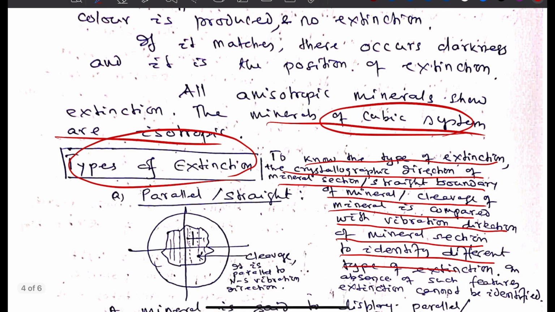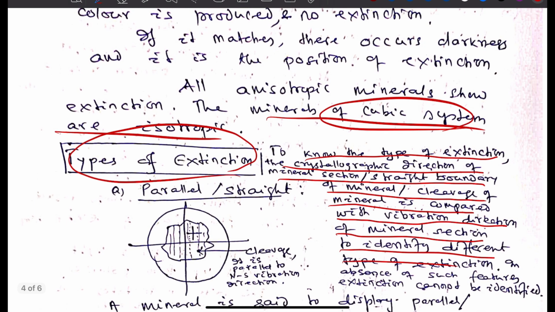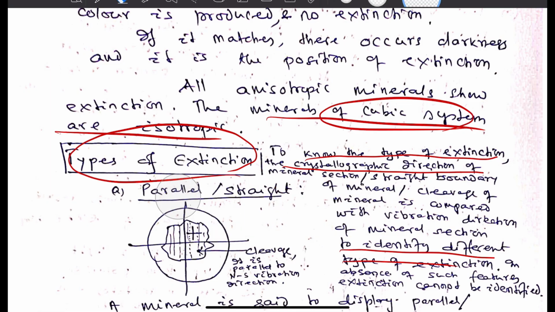So, a mineral section must present straight boundary or cleavages or direction of elongation, and this feature is coupled with the vibration direction of the mineral section. Based upon this, the type of extinction is determined.